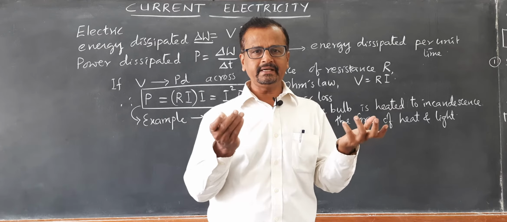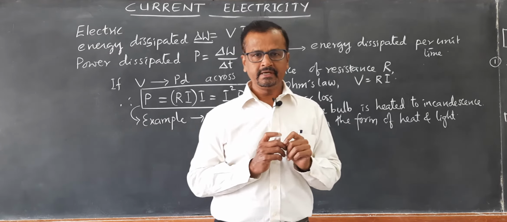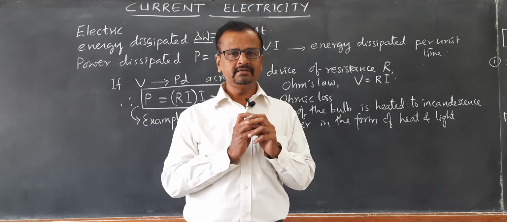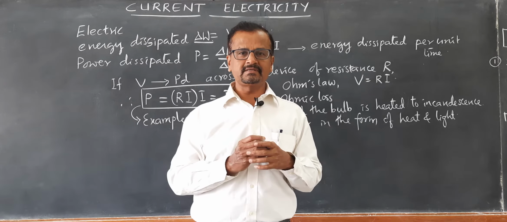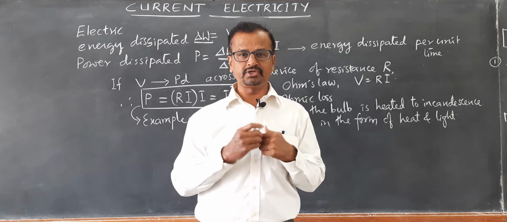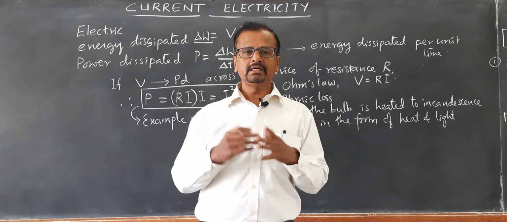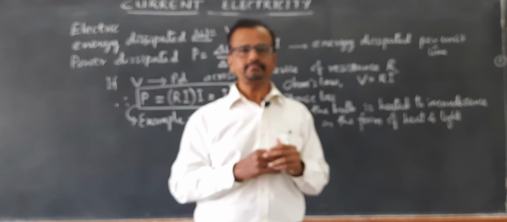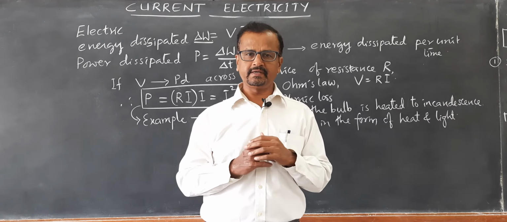Basically, we get alternating current from the AC power stations, right? For large scale supply and transmission, we depend on alternating currents, which we are going to study in the last but one topic of this physics part 1 in class 12th, right.